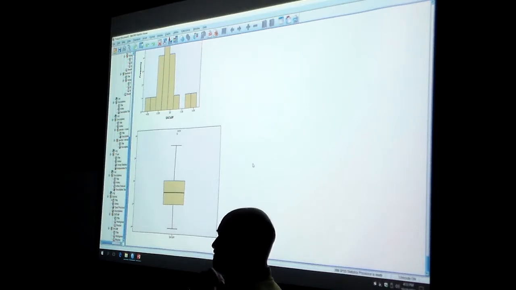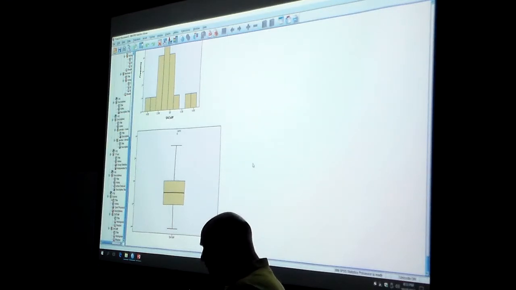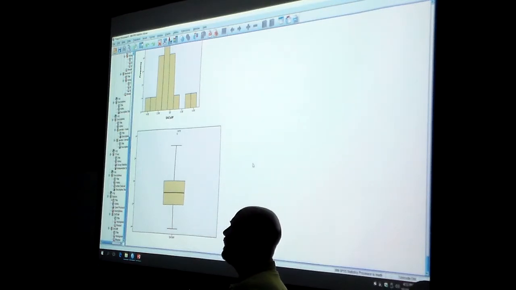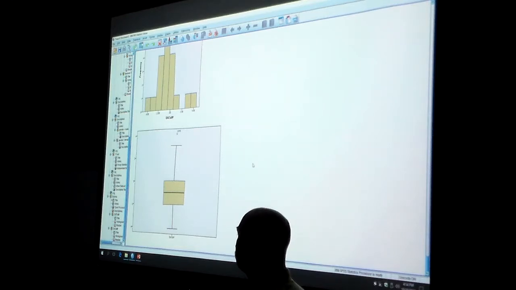So again, verbalizing this stuff starts to help you understand what's going on. So if we have an increase in self-sacrificing after treatment, is this something that we are excited about or not excited about?